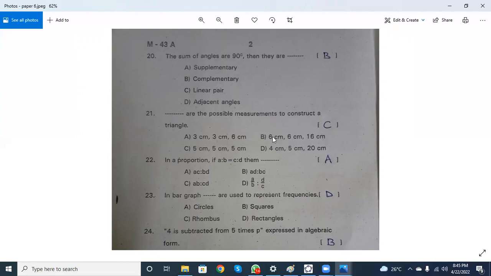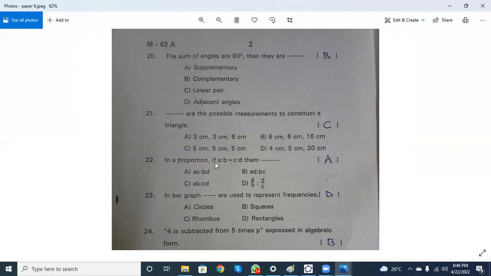If we add 6 plus 6, this is 12. 12 is not greater than 16, the third side. So this is also false. Here 5 plus 5, two sides I have added, gives you 10. 10 is greater than 5, of course. Same as well if you do. So option C can form a triangle.